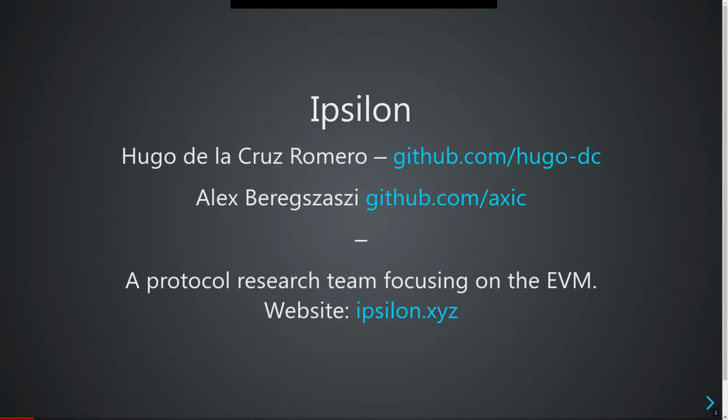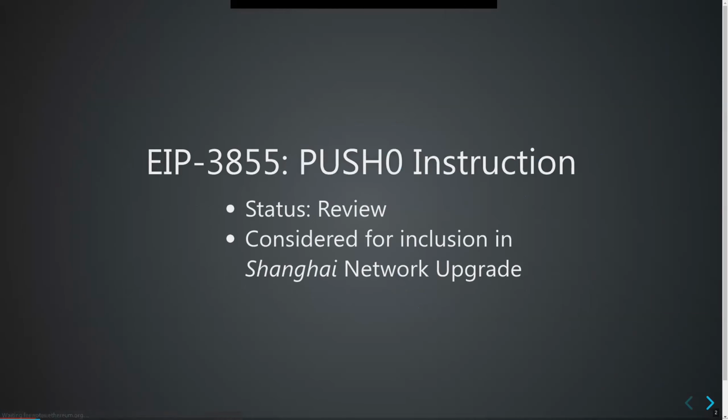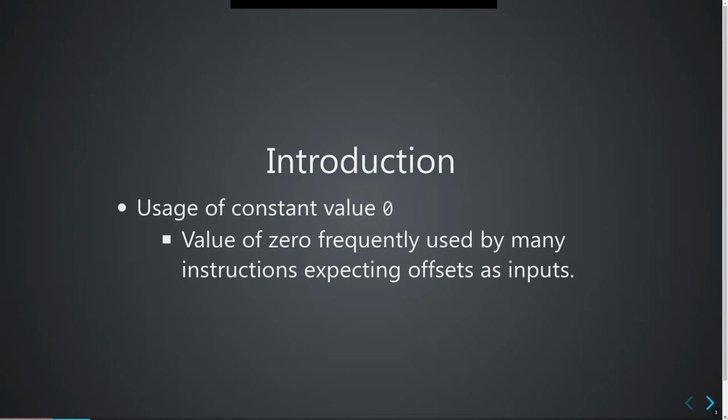Okay, hello everyone, my name is Hugo de la Cruz. Today I'm going to talk about EIP-3855, the PUSH0 instruction, which is currently on review status and considered for inclusion in the Shanghai network upgrade. The value 0 is a very frequently used value, especially by instructions expecting an offset as input.